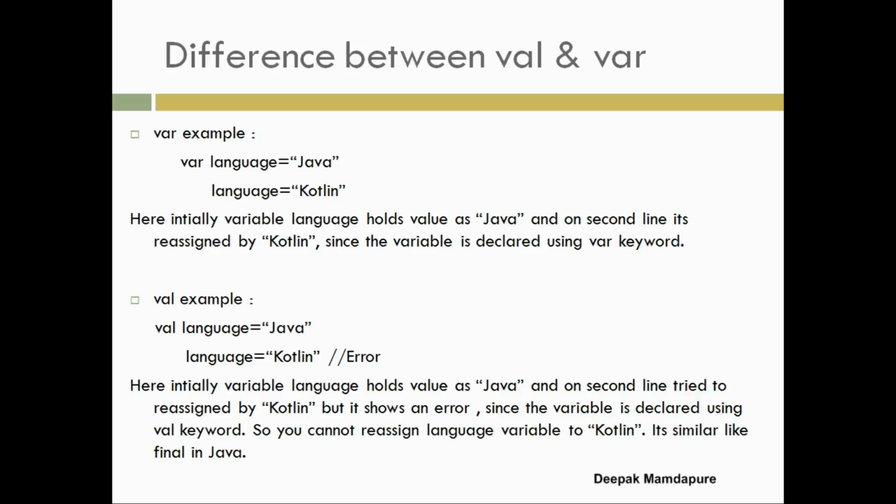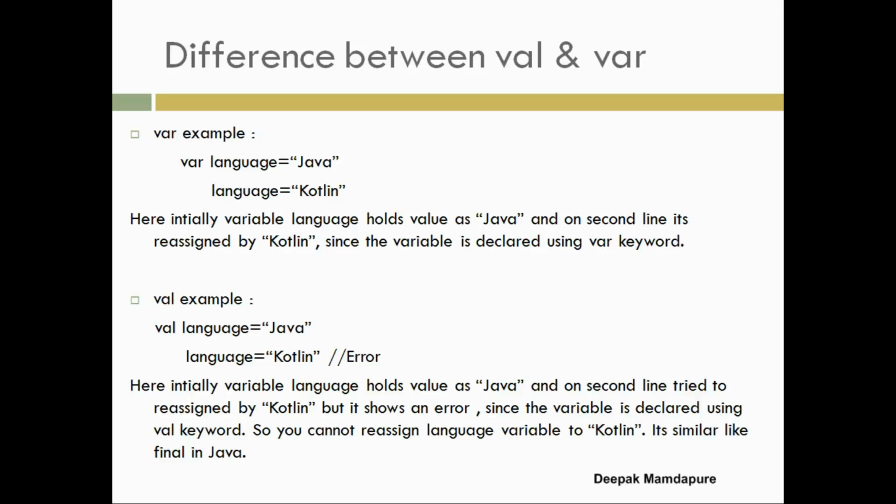It is similar to final in Java. If we declare any variable final in Java, we cannot modify it or reassign anything to that variable. Same thing in Kotlin as well. Once we use the val keyword for a variable, we cannot reassign any value to it.